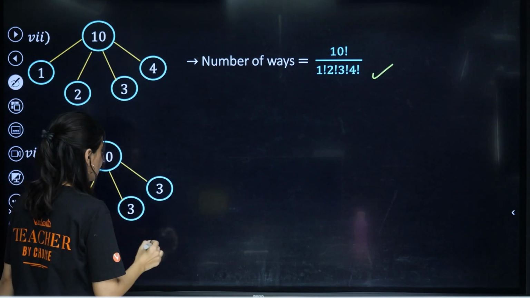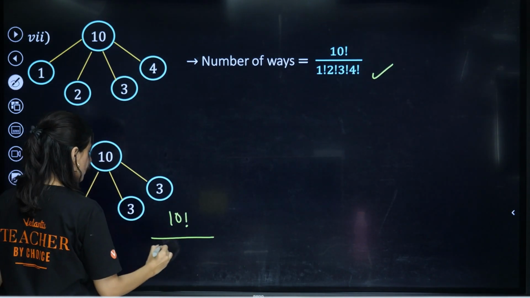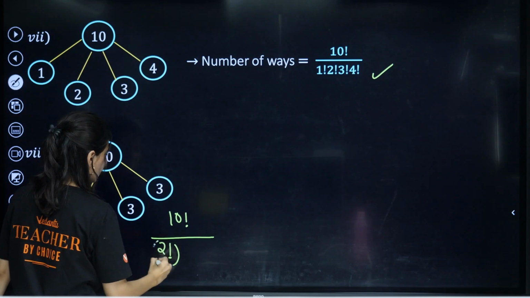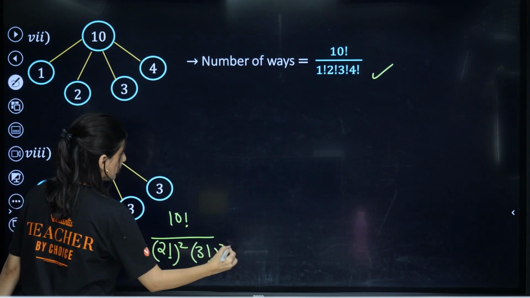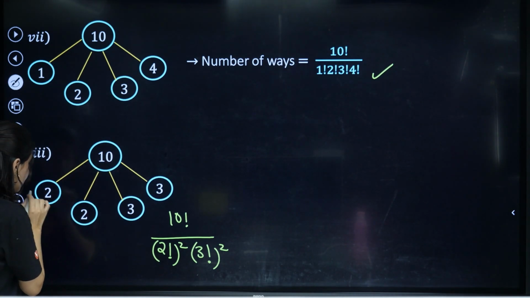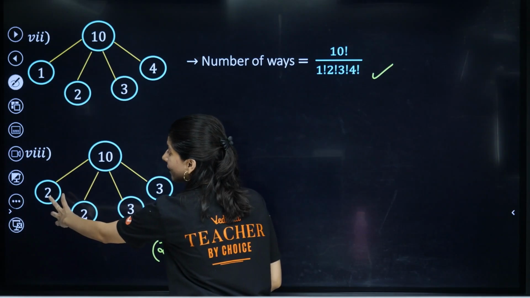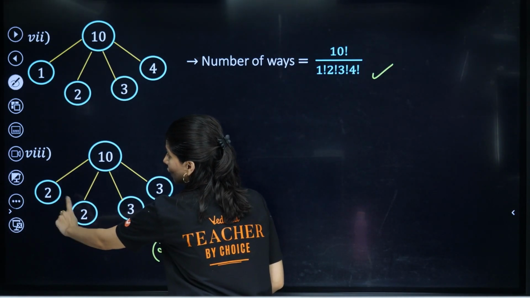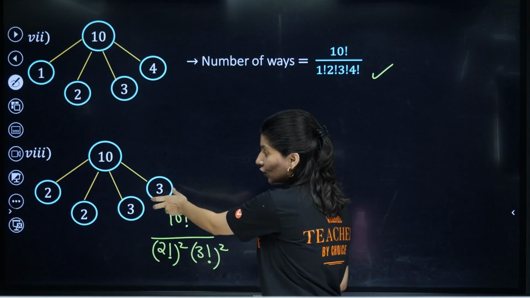And one more time. This will be 10 factorial, 2 factorial, 2 factorial, that means 2 factorial squared, 3 factorial, 3 factorial, 3 factorial squared. Now, how many groups are of the same size? Ma'am, 2 groups and 2 groups.